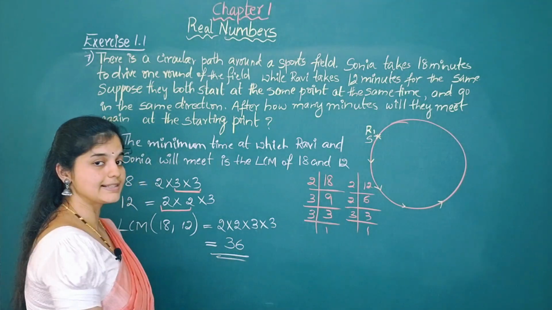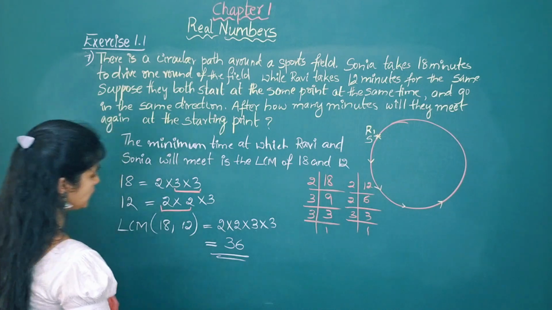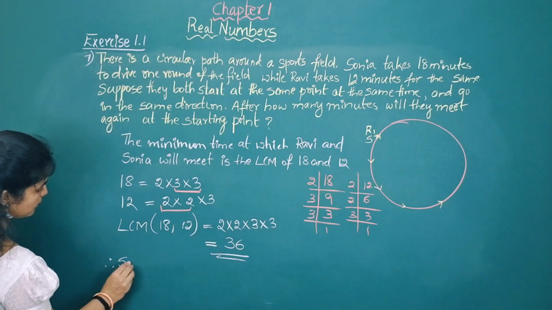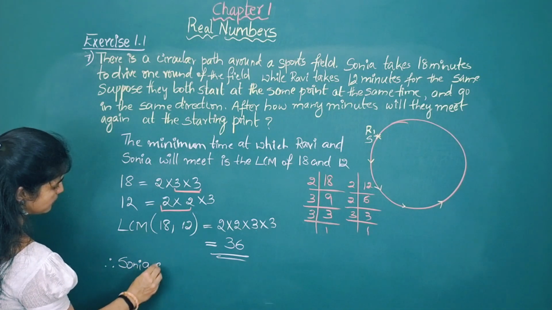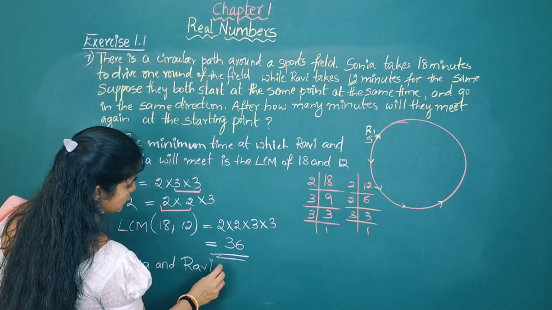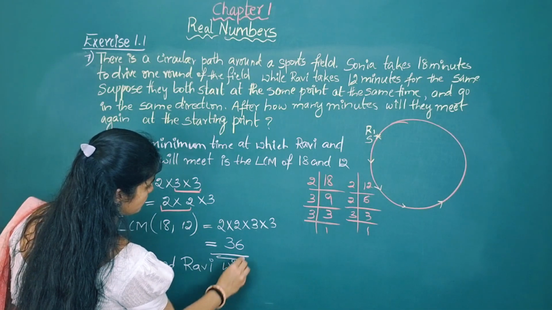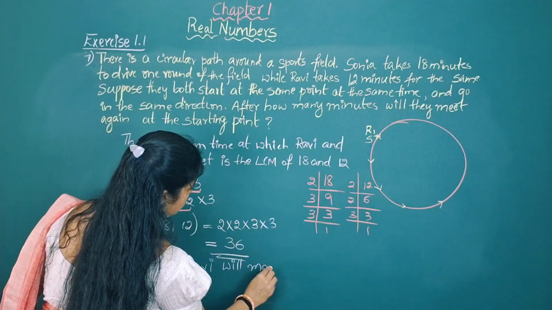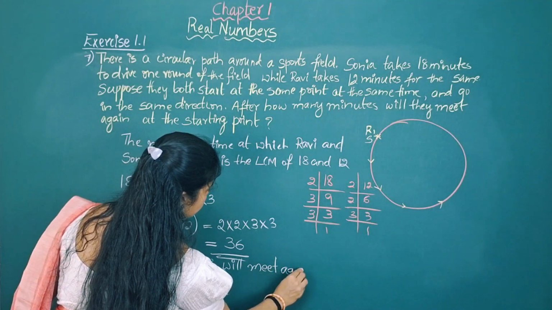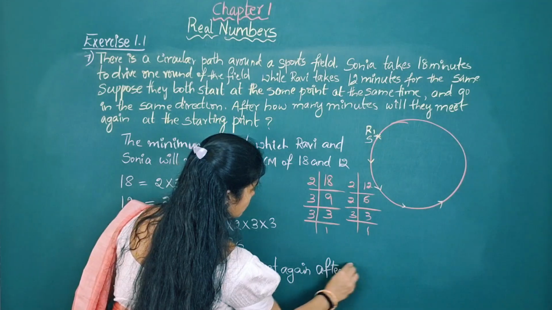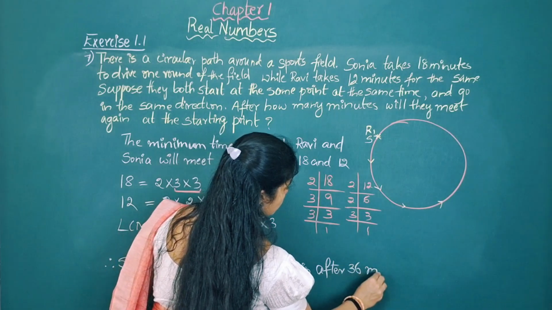So 36 is the LCM of 18 and 12, and therefore the answer is that Sonia and Ravi will meet again after 36 minutes.